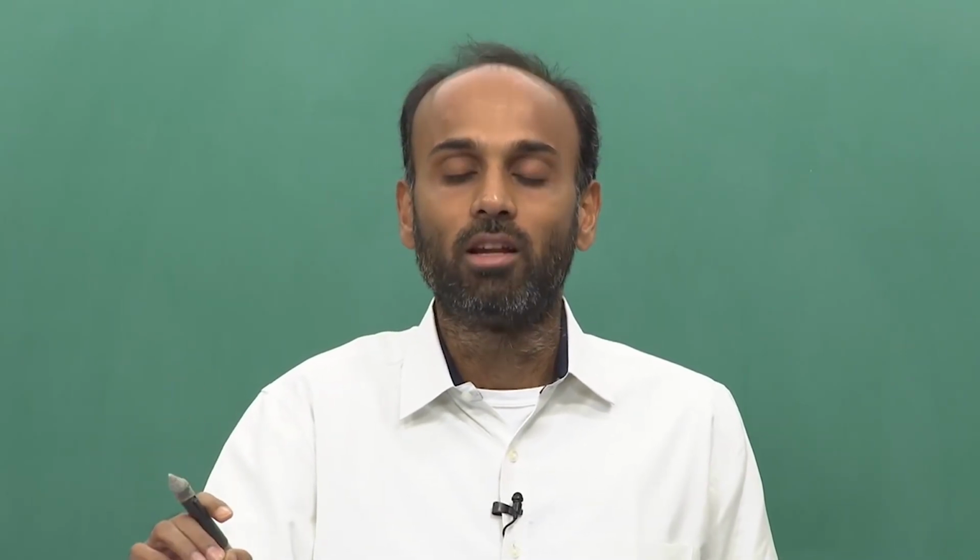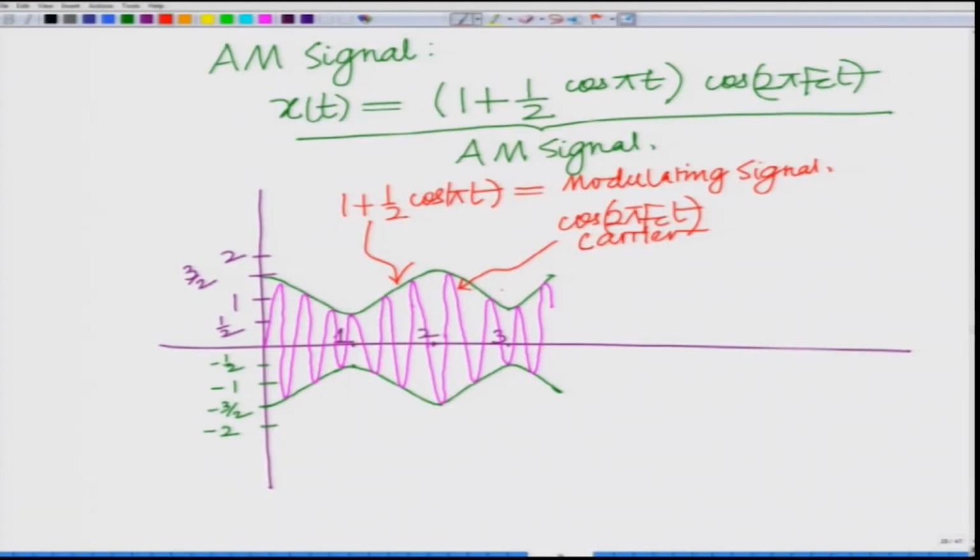The curve that is traced by the peaks of this carrier is termed as the envelope of the carrier, and that is very important because that contains the information.